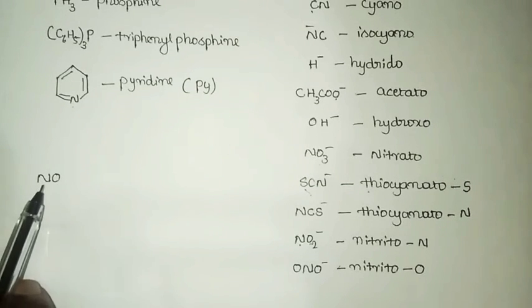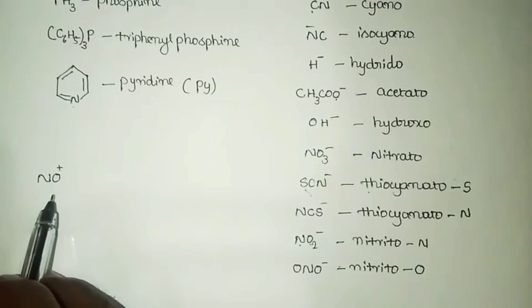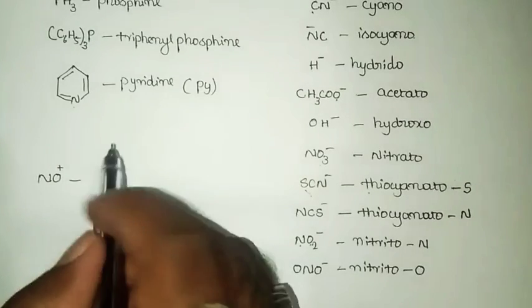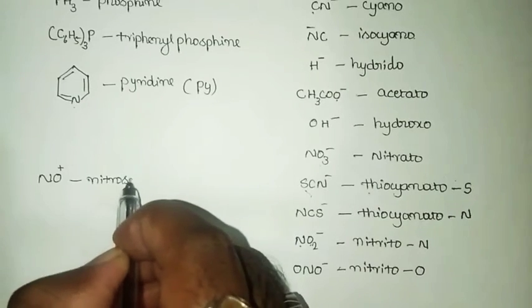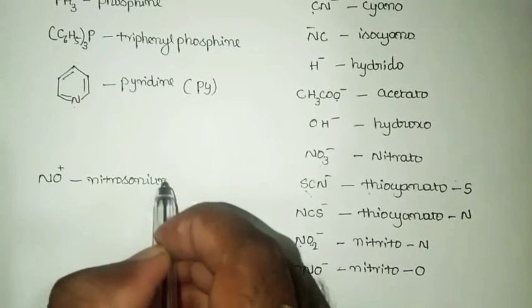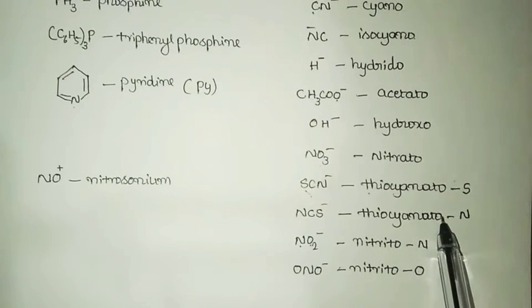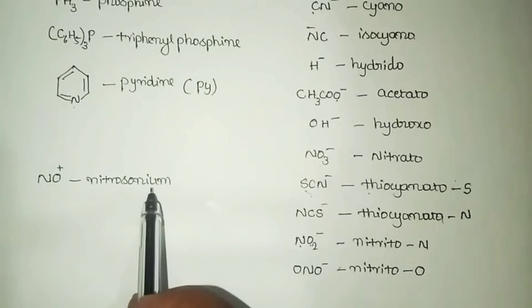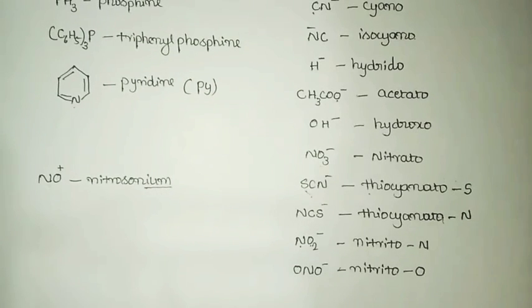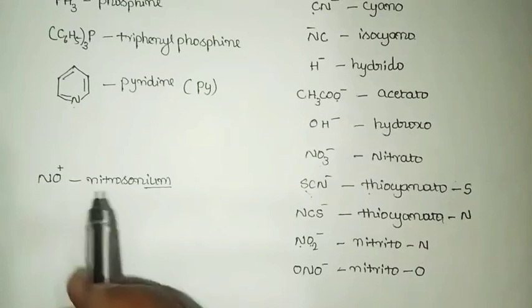But whenever this NO group is carrying a positive charge and acting as a ligand, we call NO plus nitrosonium. We said the names of negatively charged ligands end with the letter O, and the names of positively charged ligands end with the suffix IUM. So the name of the ligand NO plus is nitrosonium.